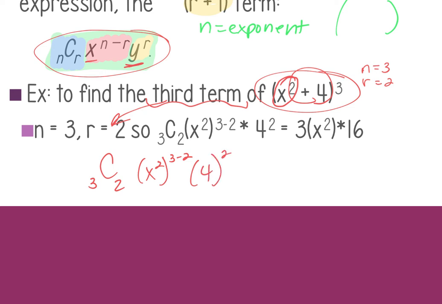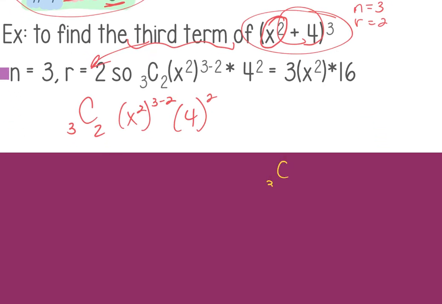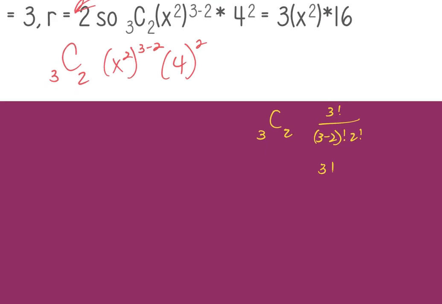So then I'm going to do C3,2. 3 factorial over 3 minus 2 factorial times 2 factorial. 3 factorial over 1 factorial times 2 factorial. 3 times 2 factorial over 2 factorial times 1. The 2 factorials cancel, and this is 3.